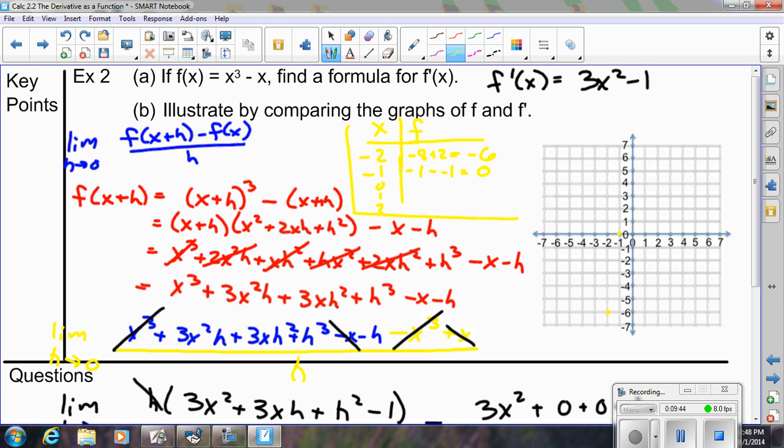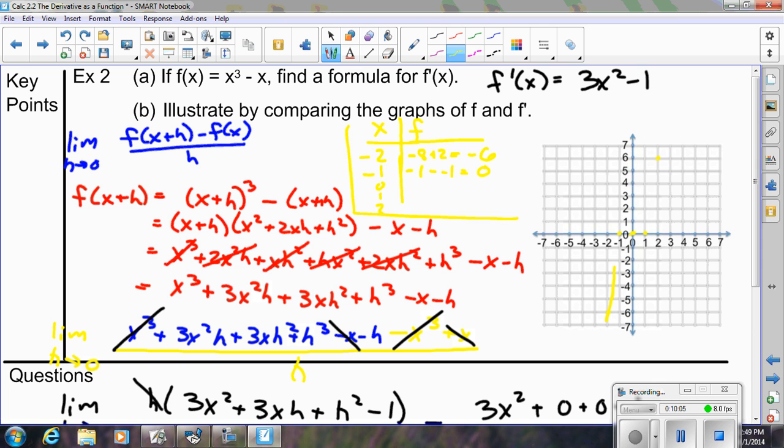Plugging in 0, we get 0. Plugging in 1, 1 cubed minus 1, we get 0. And plugging in 2, we'd get 6, which frankly should make sense. x cubed minus x is an odd function, so it has to have rotational symmetry.